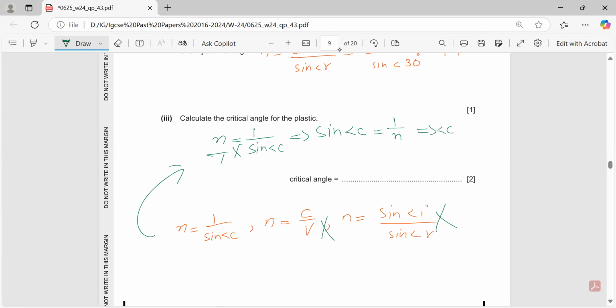Again, angle C is equal to sine inverse of 1 over 1.4. Please, you have calculators, quickly do it for me.